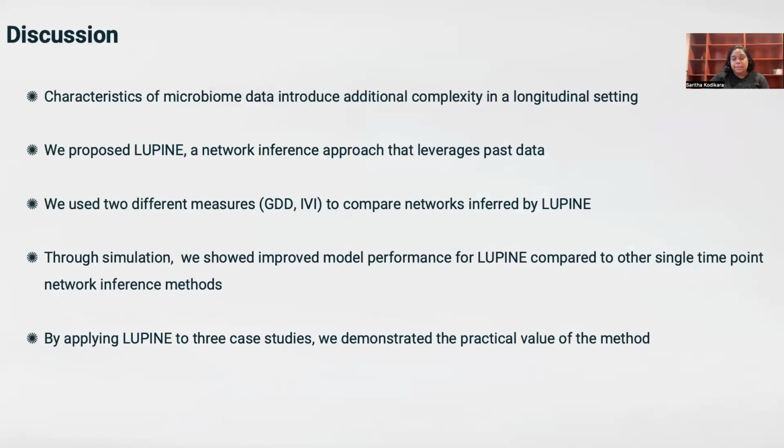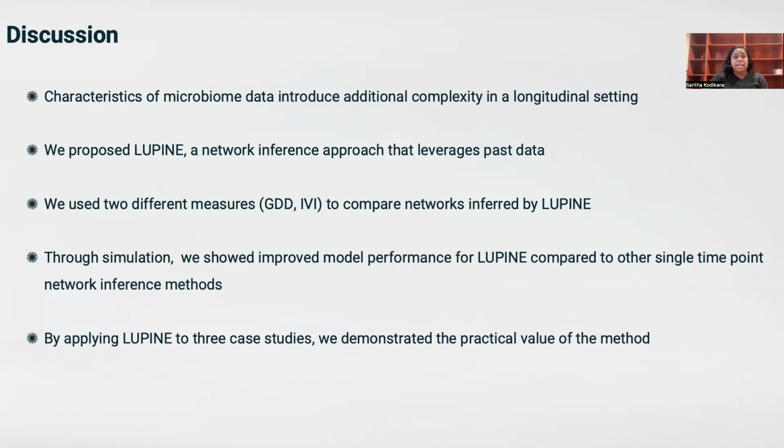So in this presentation, I have gone through the characteristics of longitudinal microbiome data. Then I also explained Lupine, which is a new method for analyzing longitudinal microbiome data to get the networks. And then we looked at how we can compare the inferred networks from Lupine using two measures, GDD and IVI.